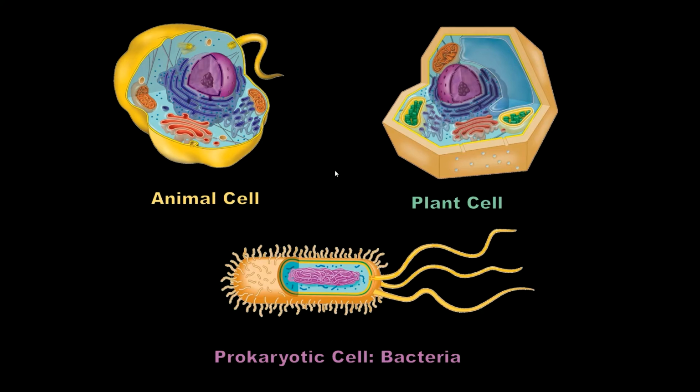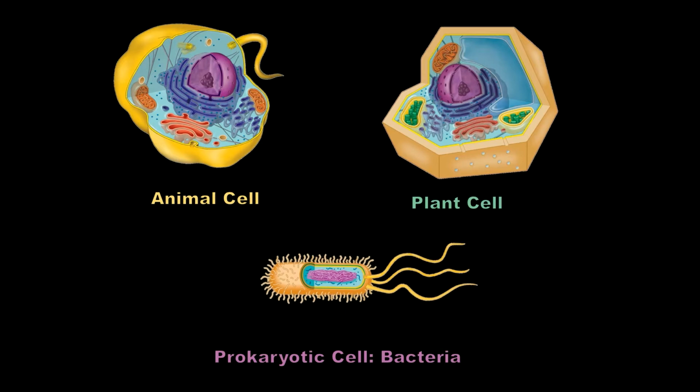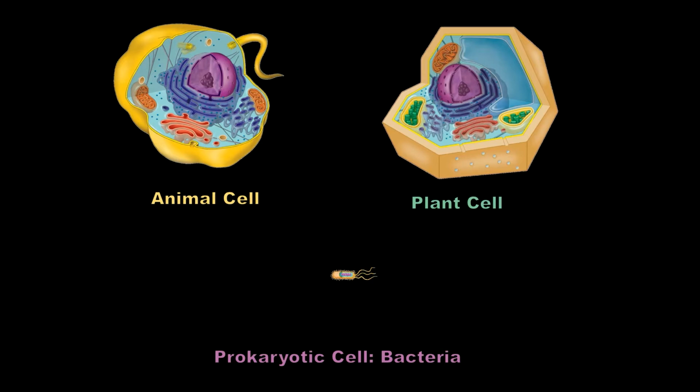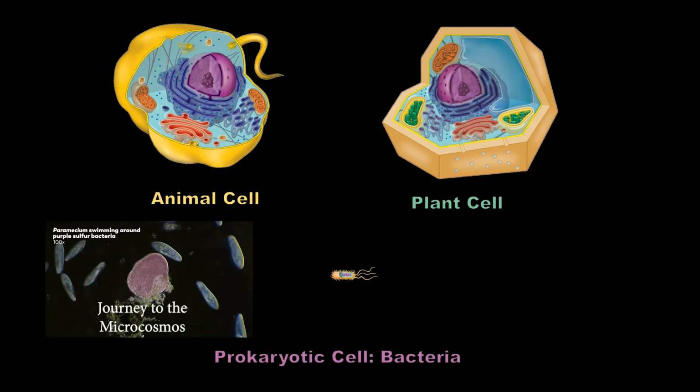But probably one of the most staggering and obvious differences between these two cell types, when you first look at them under the microscope, is just size. To give you an appreciation for the size disparity between eukaryotic and prokaryotic organisms, I'm going to link you to a video by Journey to the Microcosmos, footage taken by microscopist James Weiss, that shows eukaryotic paramecia cruising around a mass of purple bacteria.